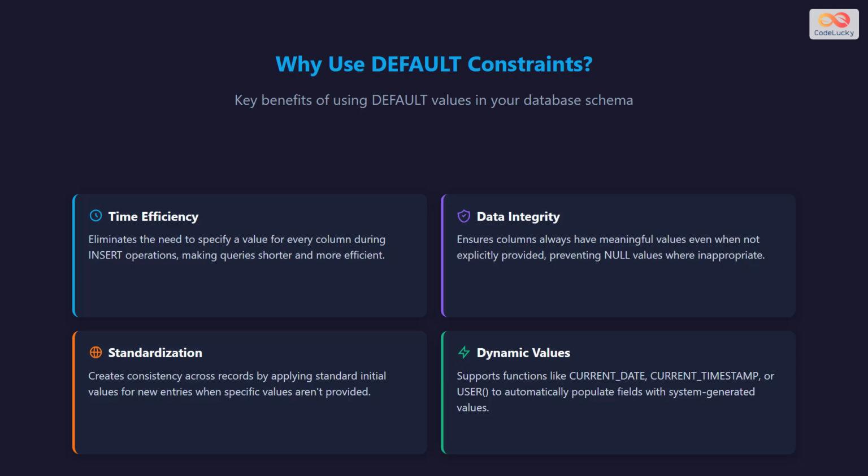Default constraints ensure columns always have meaningful values even when not explicitly provided, preventing null values where inappropriate. Third, it helps in standardization. It creates consistency across records by applying standard initial values for new entries when specific values are not provided. Fourth, it enables dynamic values. It supports functions like current date, current timestamp, or user to automatically populate fields with system-generated values.